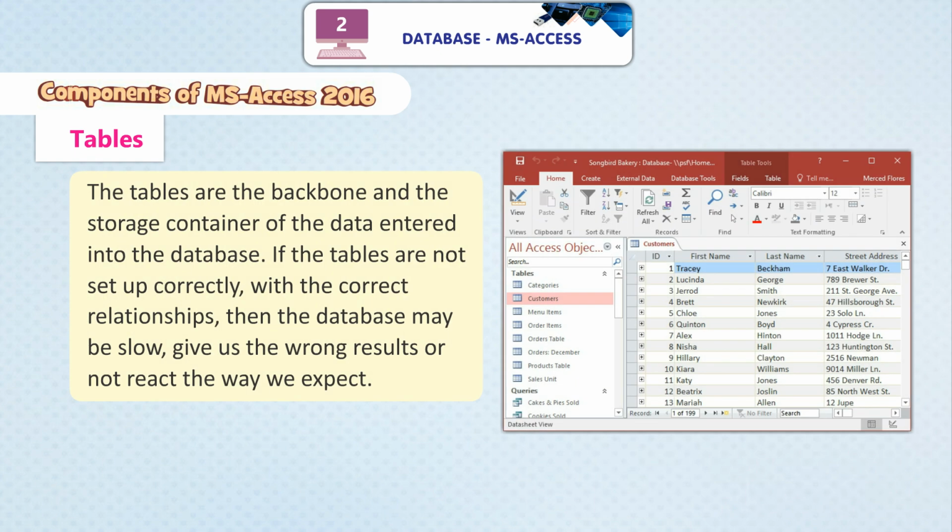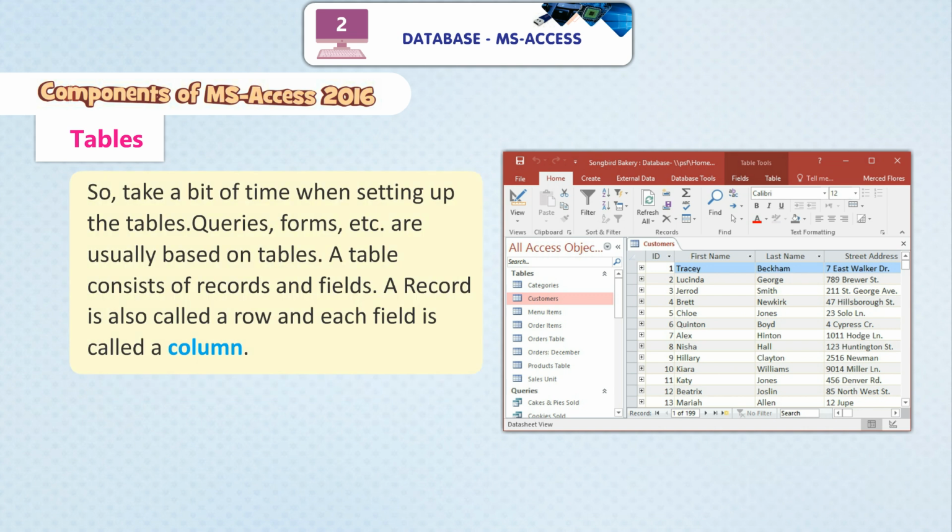Tables. The tables are the backbone and the storage container of the data entered into the database. If the tables are not set up correctly with the correct relationships, then the database may be slow, give us the wrong results, or not react the way we expect. So take a bit of time when setting up the tables.